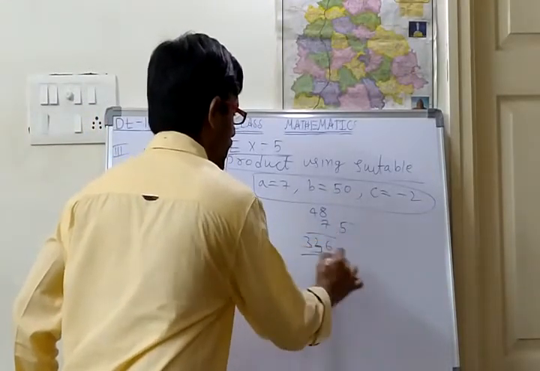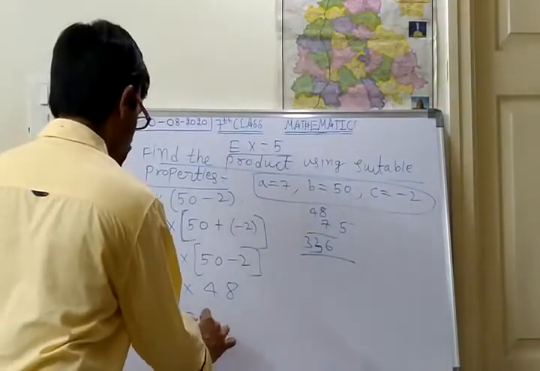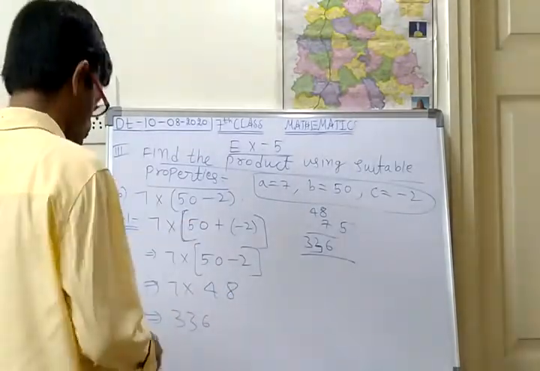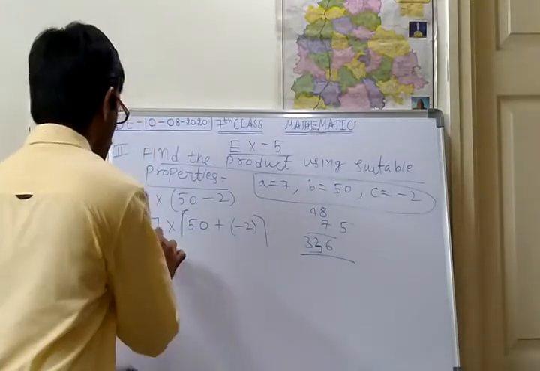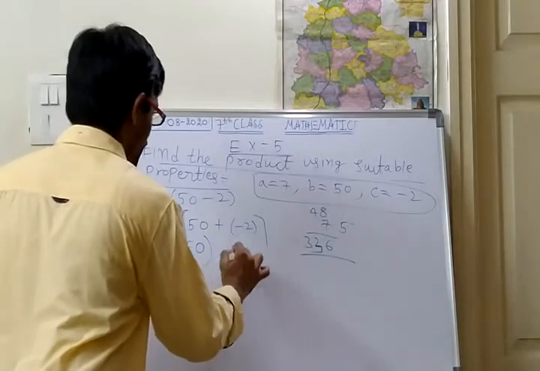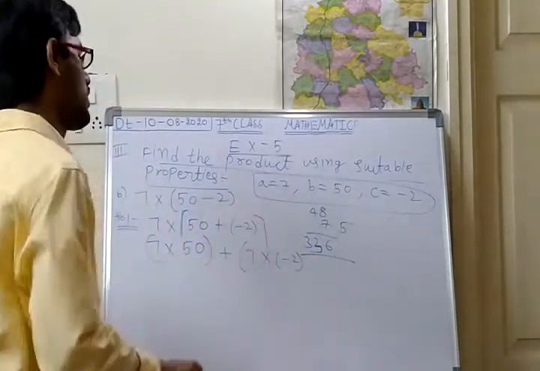So 336 is the result of this solution. So like this you can do, or else you can do it another manner also. How can you do? 7 into 50 plus of 7 into minus 2. Like this also you can do.